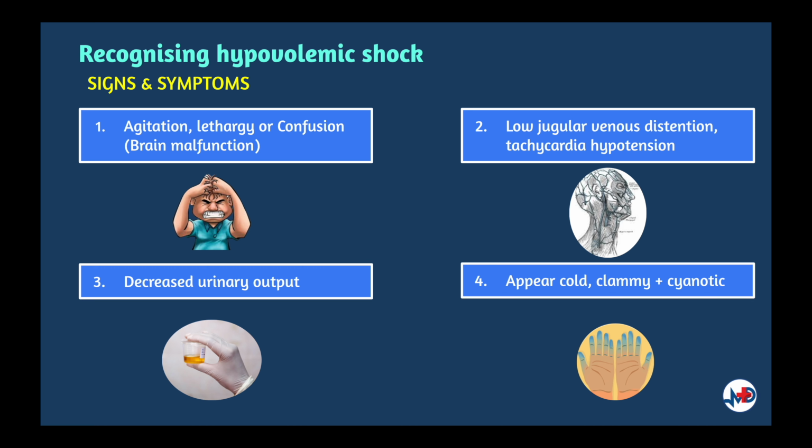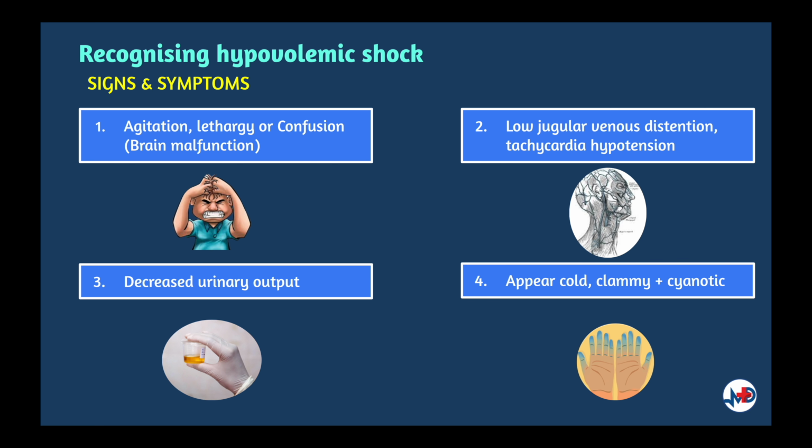So, the kidneys are one of those first organs to show signs of inadequate tissue perfusion after the skin, and this is manifested as reduced urine output to retain more intravascular blood volume, and as the renal blood flow reduces, this leads to reduced glomerular filtration rate or GFR. Patients' peripheries may also turn cold and clammy and sometimes cyanotic due to the peripheral vasoconstriction that is happening in the efforts to increase blood pressure.